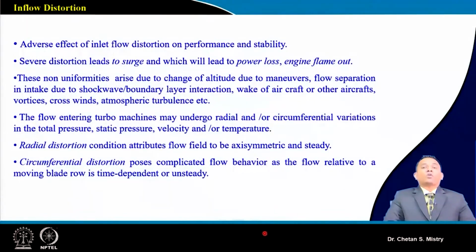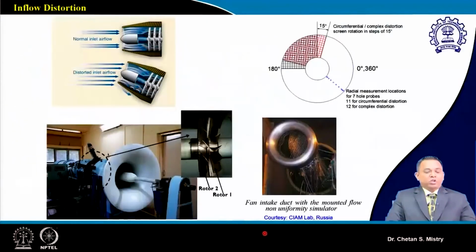Let's try to look at what we are discussing and how it is applicable here. If we look, suppose when we are flying at cruise, the air enters inside the engine in a normal way. But when we are discussing takeoff and landing configuration, or when we are doing our maneuvers, my flow goes smoothly on the upper half, and it is getting distorted on the lower half.